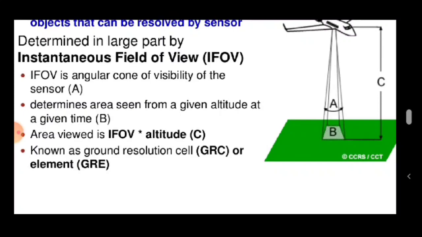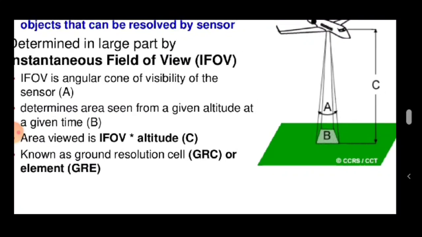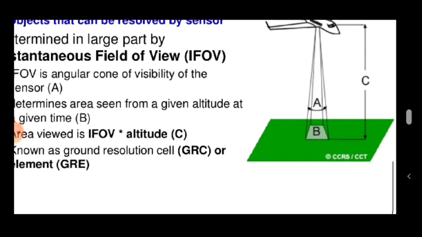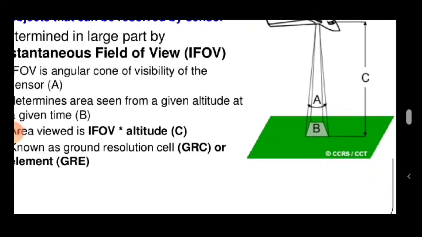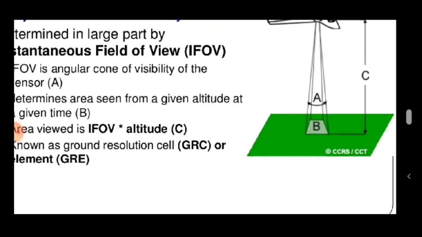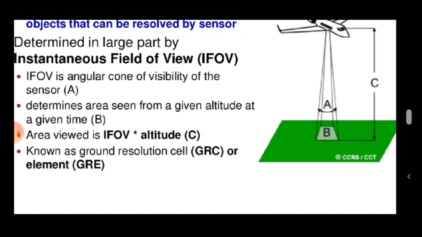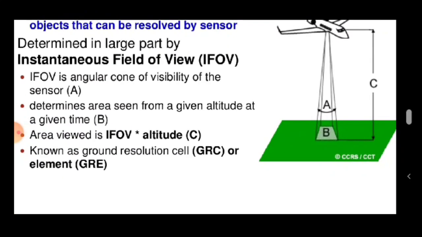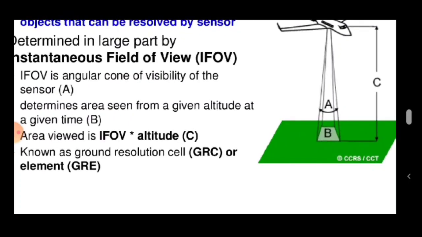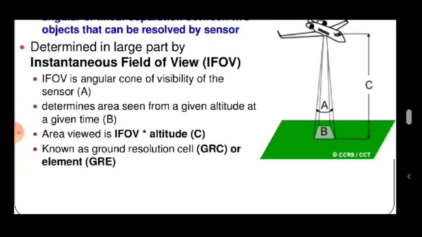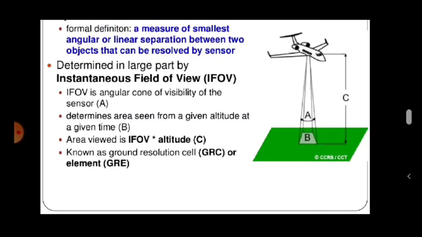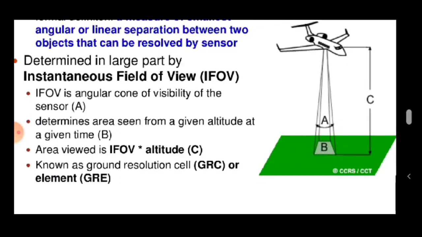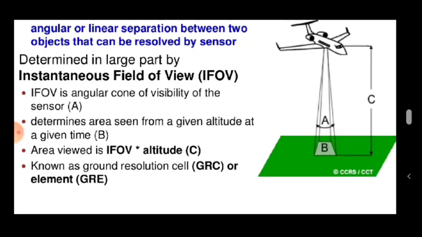B stands for the area relevant to a given altitude, so the area viewed can be measured. B is equal to altitude multiplied by IFOV. That value is called the ground resolution cell or ground resolution element, GRE or GRC.